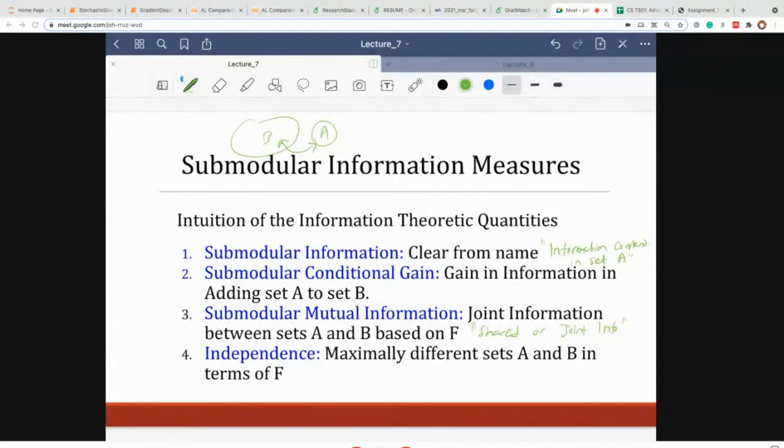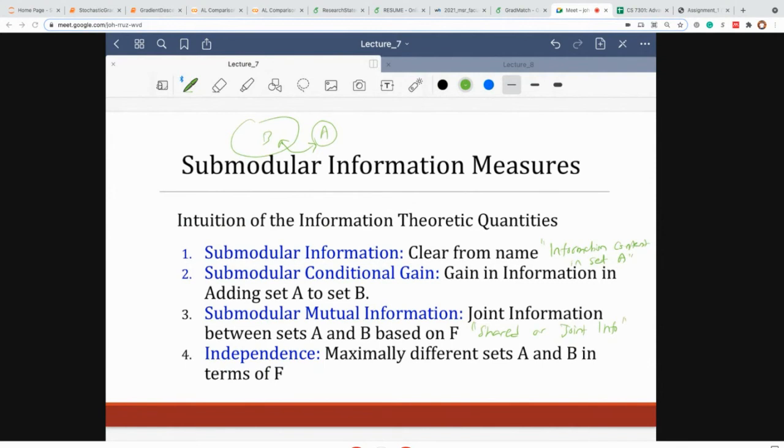I think this is a very interesting framework for studying these functions, and we will look at a few instances of what we mean by shared information. So just hold on, even if you don't understand everything, that's fine. We'll make things a little more concrete soon.